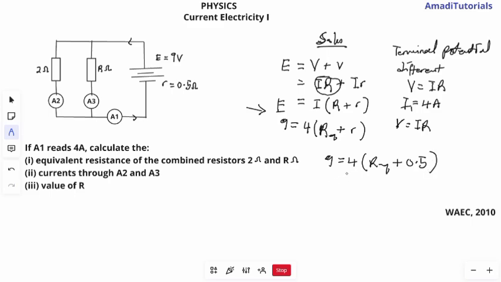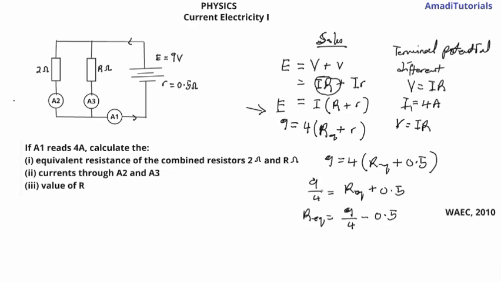You divide both sides by 4, so that you have 9 divided by 4 equals R equivalent plus 0.5. If you make R equivalent the subject of the formula, you have that R equivalent equals 9 over 4 minus 0.5.